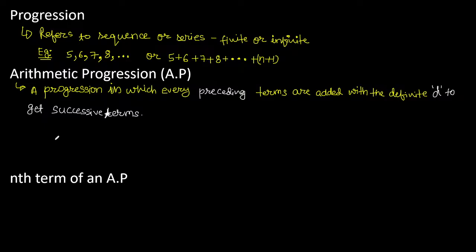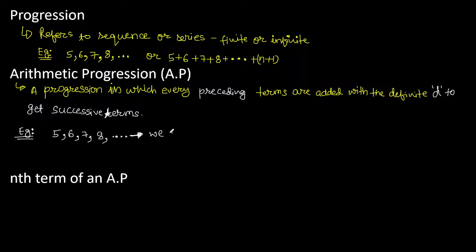Every preceding term is added with the common difference D to get the successive term. Example: 5, 6, 7, 8, and it will go on.